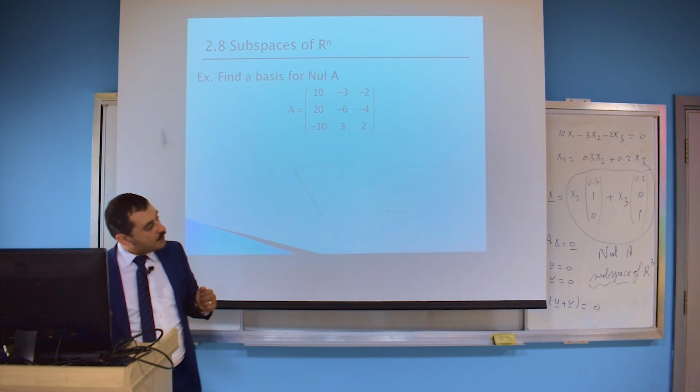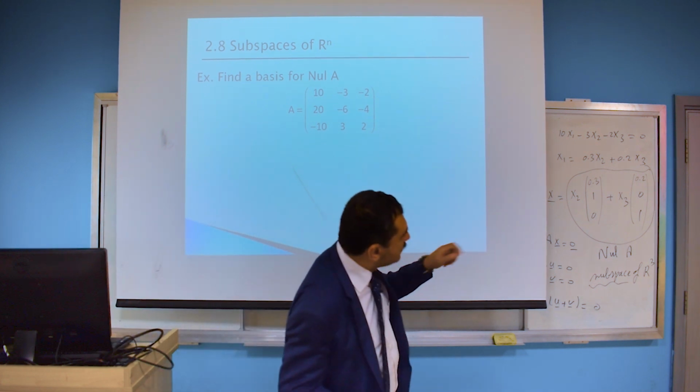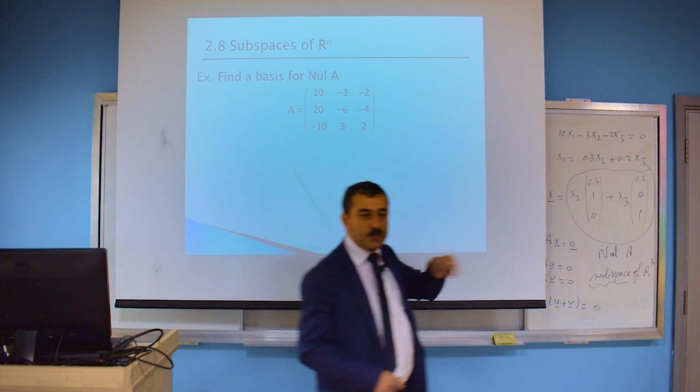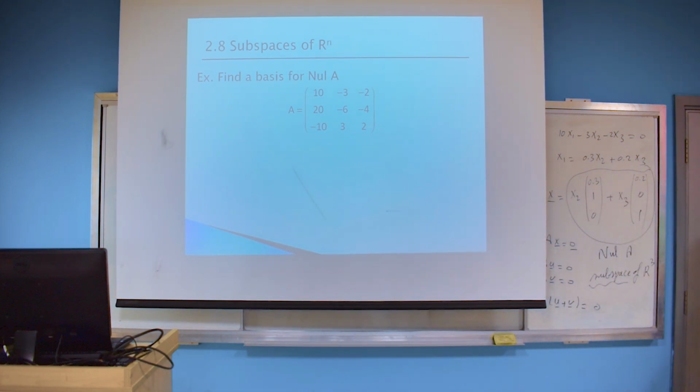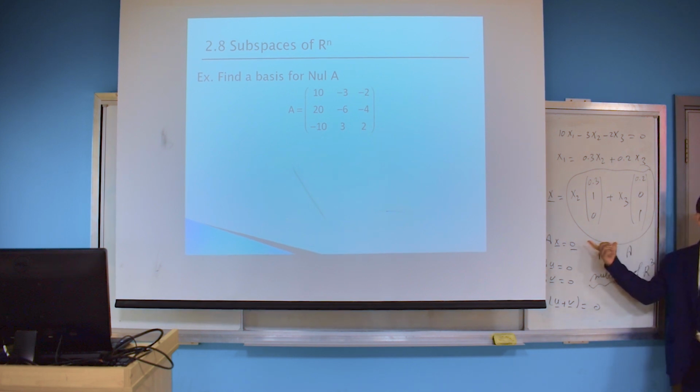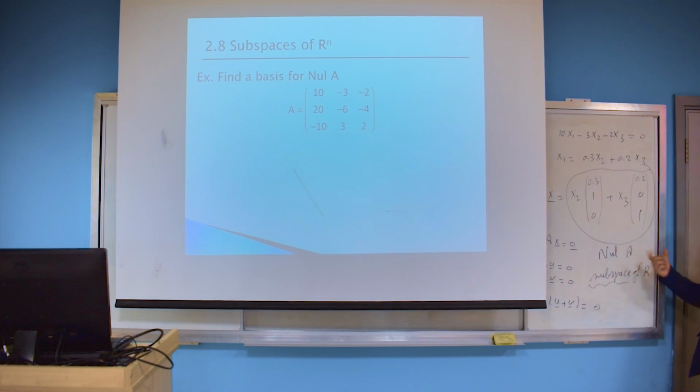This is the problem I solved here for the null space. Can you find a basis for the null space from here? This is the null space. Can you find a basis for this subspace? 0 1 0 1 0 1. Okay. Take these guys.